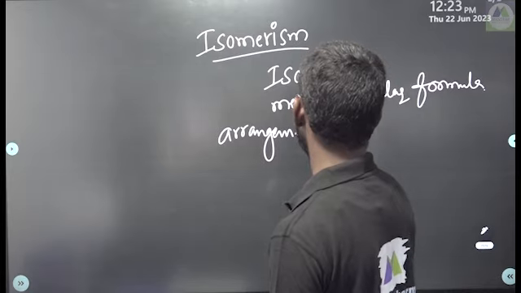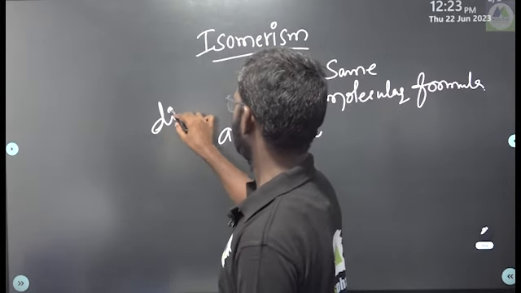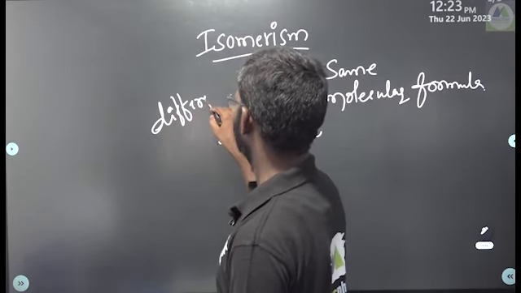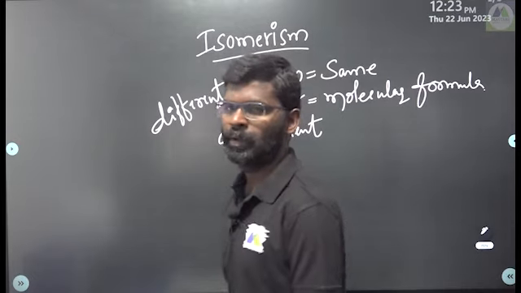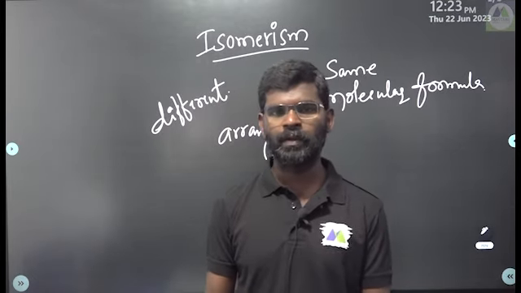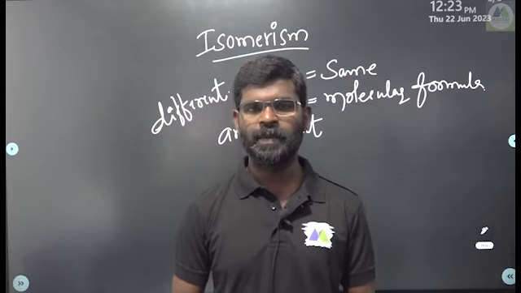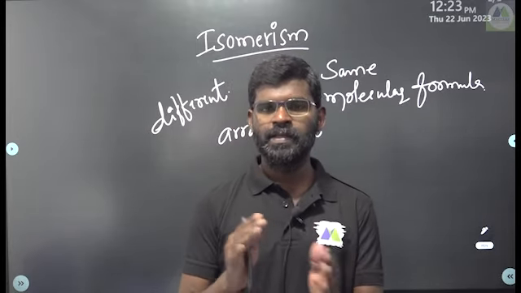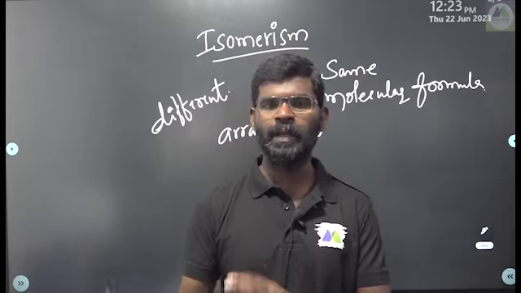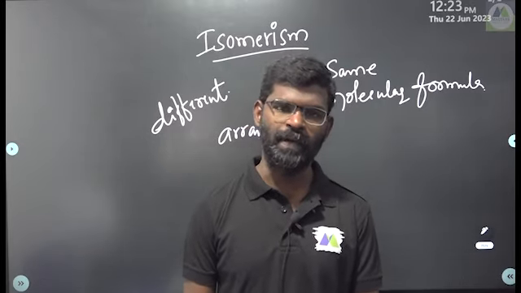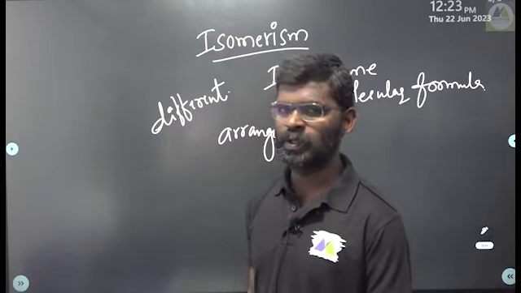The difference is arrangement. Different arrangement, same molecular formula. For example, from the same set, one person arranges a compound in a different way, that is called different arrangement. So that is isomerism.